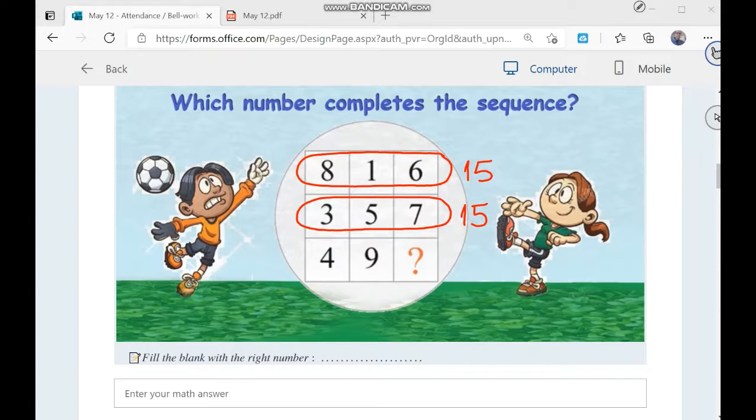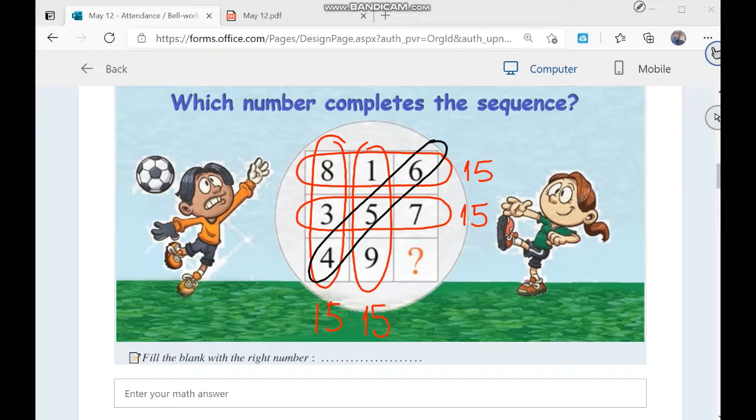We can also add all the numbers in the column. 8 plus 3 plus 4, 15. 1 plus 5 plus 9, yes, 15. Great. And we can also add the numbers in the diagonal. Check this: 4 plus 5 plus 6, 15. This kind of looks like a pattern to me.